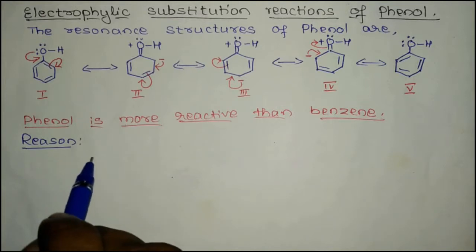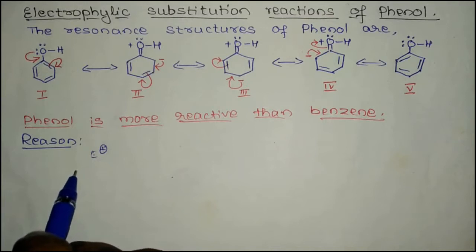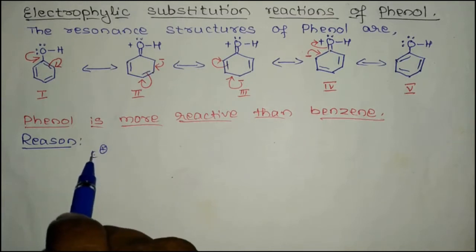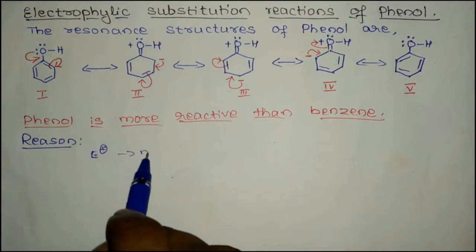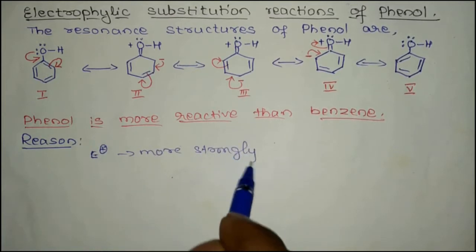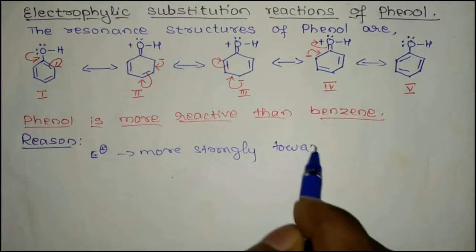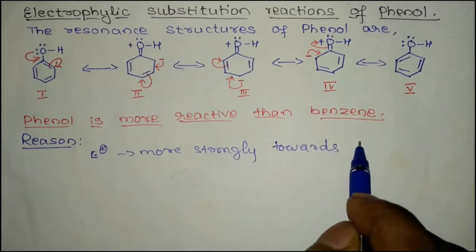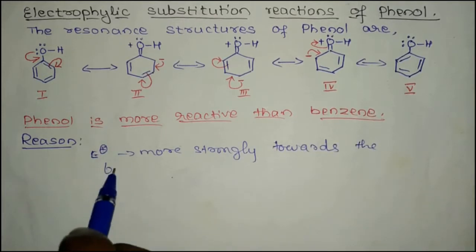This attracts the electrophile, that is E plus, more strongly towards the benzene ring.